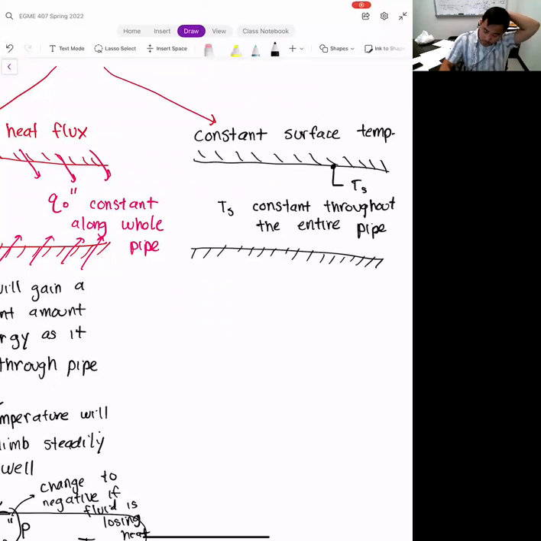All right. And so if TS is constant throughout this entire pipe, and it's different than TM, the mean temperature, then of course heat transfer is going to occur, right?